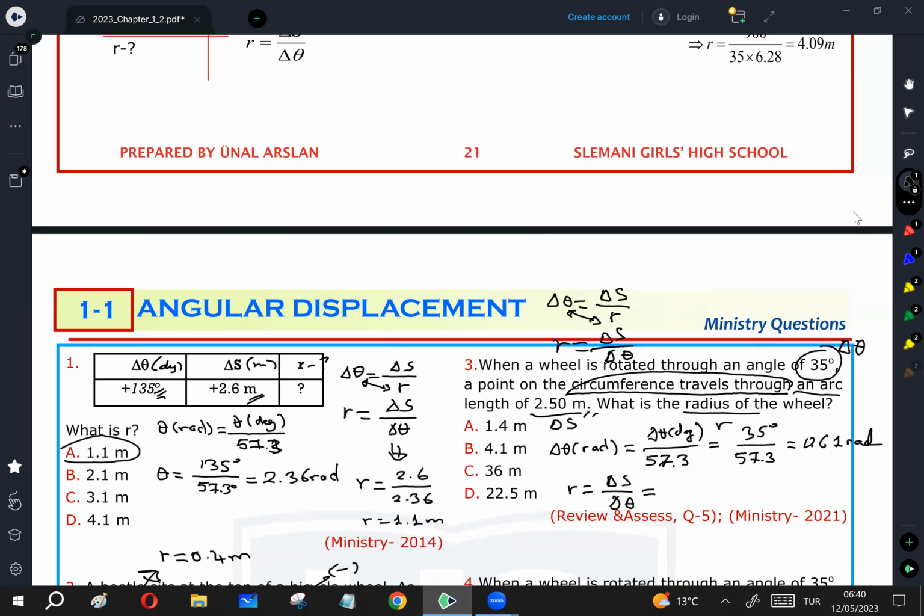Delta S is 2.5, given in the question. Delta theta in radians is 0.61, which is at the same time equal to 35 degrees. 2.5 divided by 0.61 is almost 4.1, 4.09, but then you round it and go for 4.1. In these questions, always choose the closest answer to your calculation. It is the correct answer.